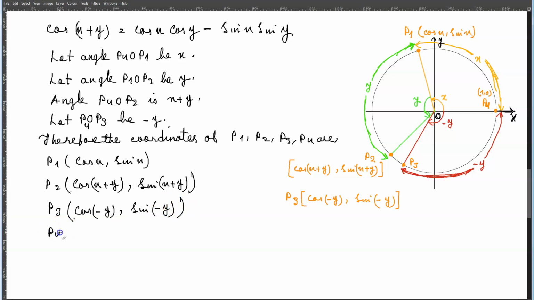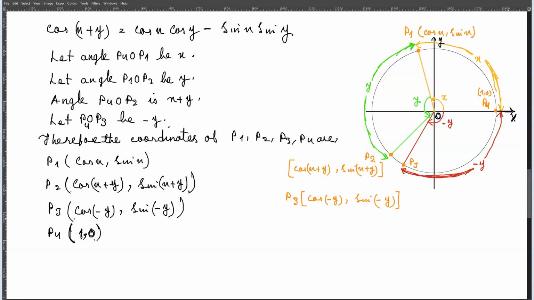And P4 would be this point over here, which is (1, 0). So that is basically that.